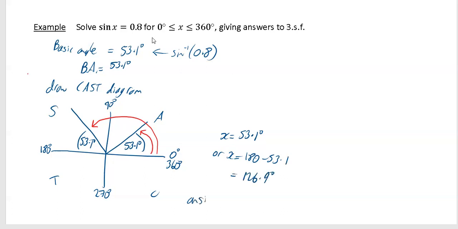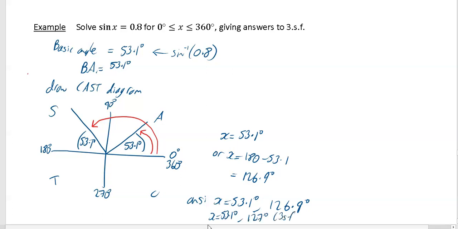So I'll just write down my answer: x is equal to 53.1 degrees, or 126.9 degrees. Just noticing here, they've said give my answers to 3 sig figs, so that's 53.1 degrees and 127 degrees, and they're both now to 3 sig figs.